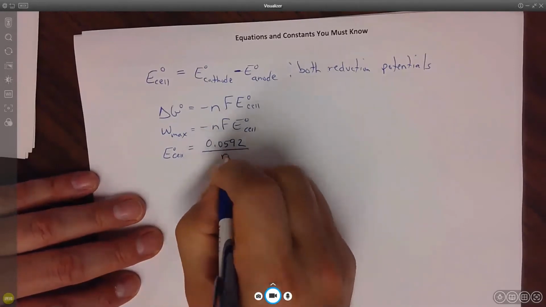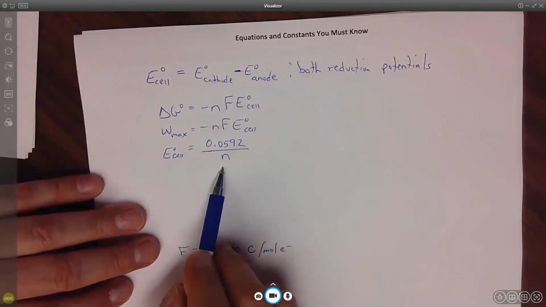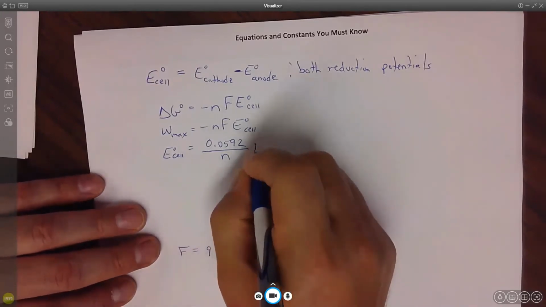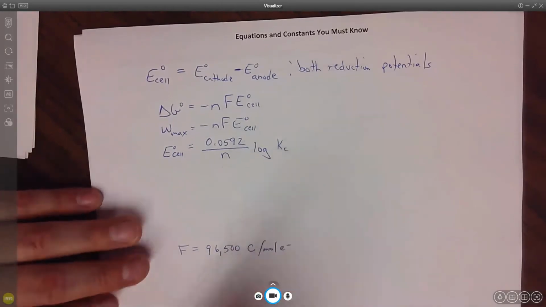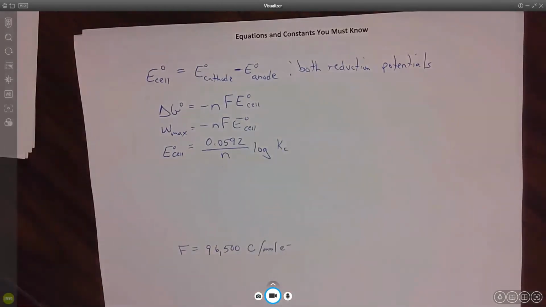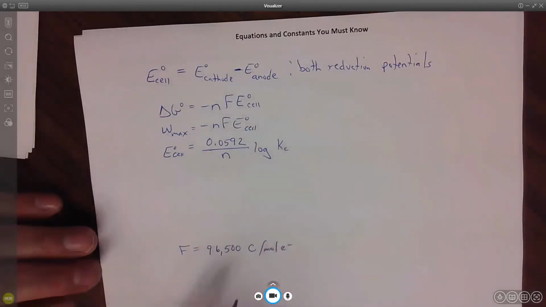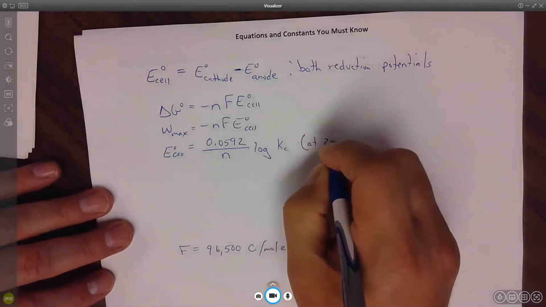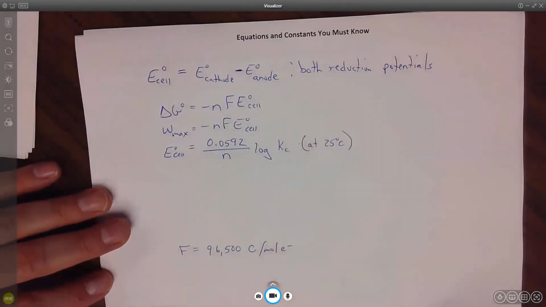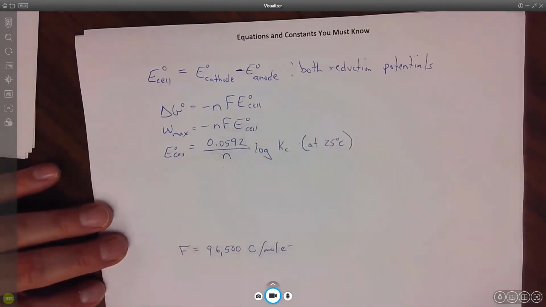Divided by n, which again is the number of moles of electrons being transferred in a redox reaction. And then this will be the log of K. I'll call it Kc. It's specifically the molar concentrations used to determine K. And again, this is good at 25 degrees Celsius. At a non-standard temperature, we couldn't use this value anymore.